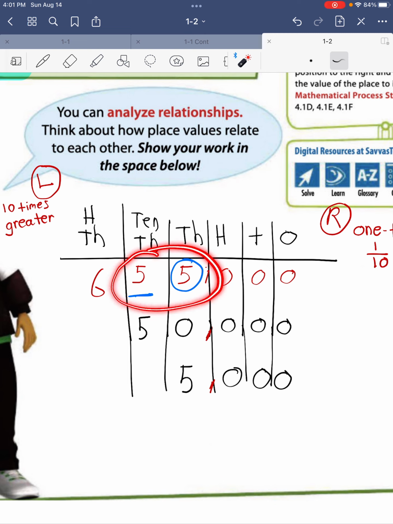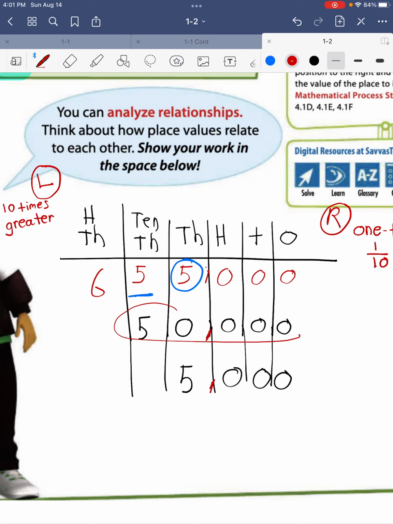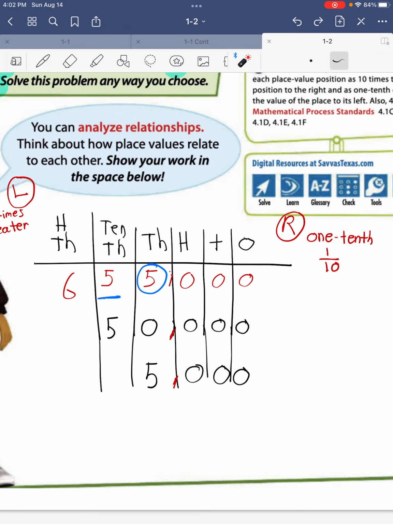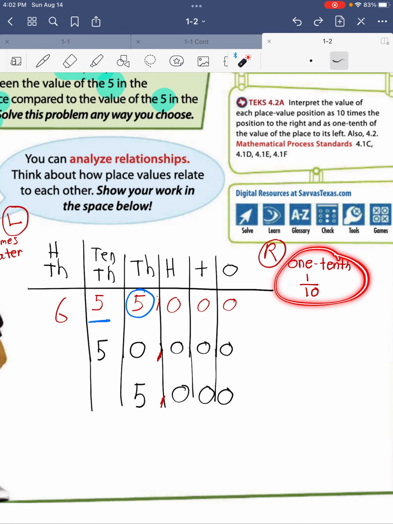If I look at both of these 5s, the underlined 5 is the one that's on the left side. Okay? So that means the underlined 5 is 10 times greater. Now, if I look at the circled 5, it is on the right side of the underlined 5. So that means it is 1/10 of the underlined 5.